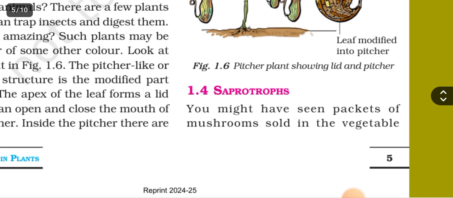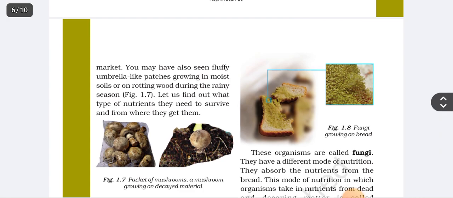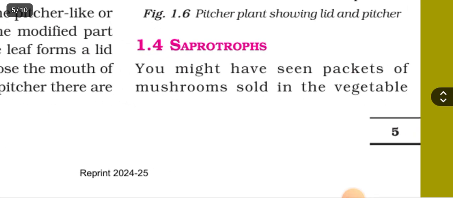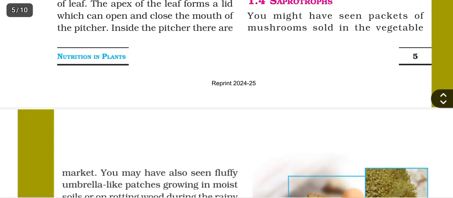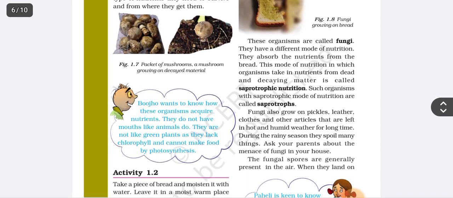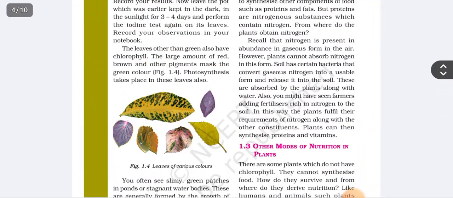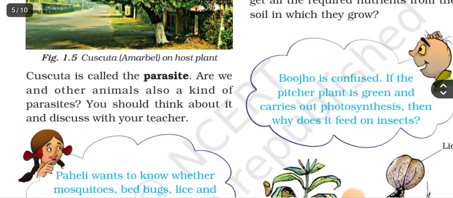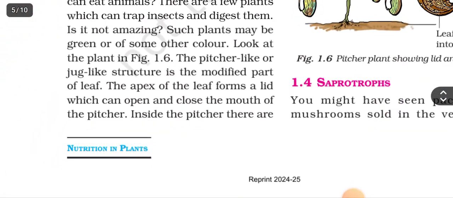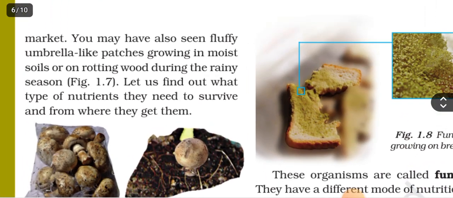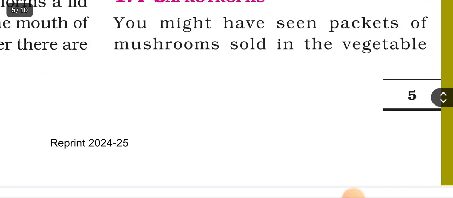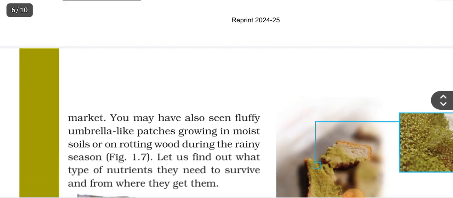Saprotrophs. You might have seen packets of mushrooms sold in the vegetable market.